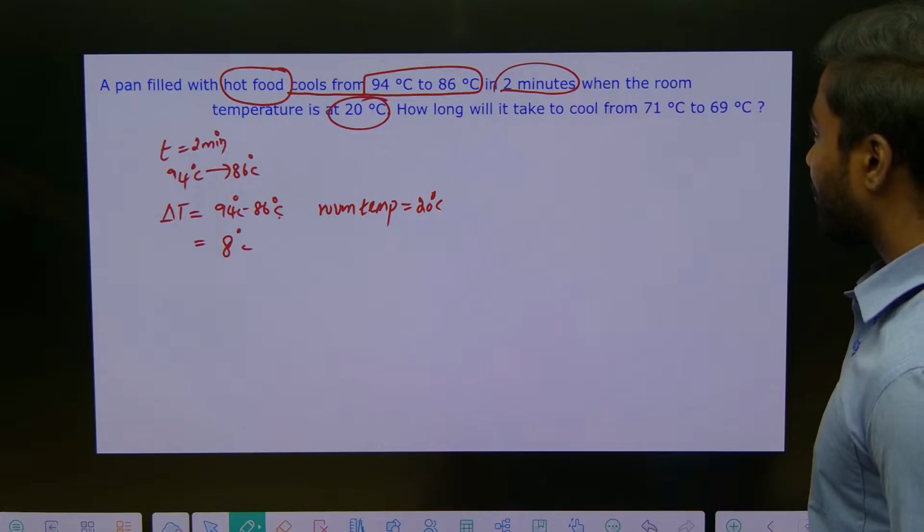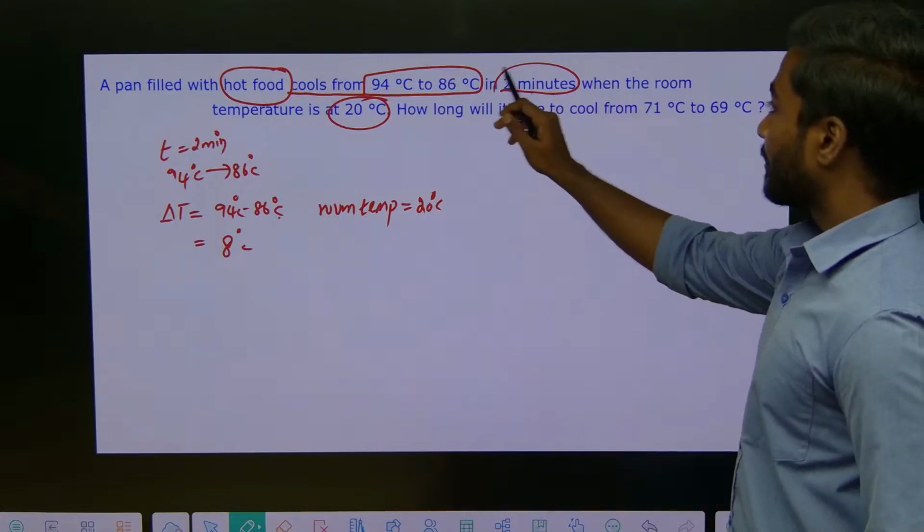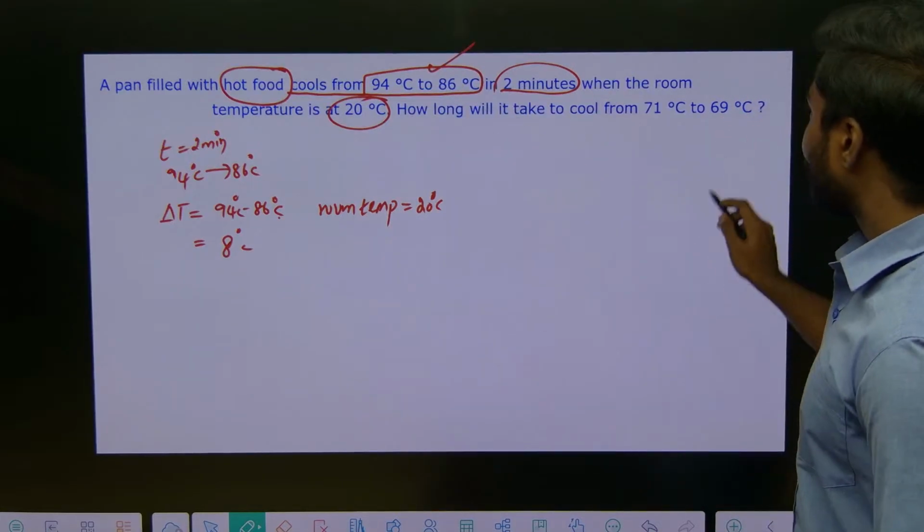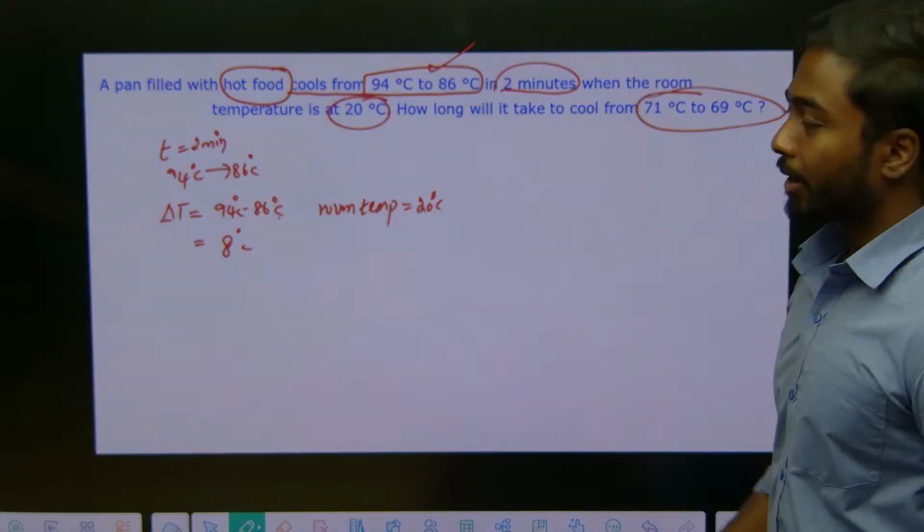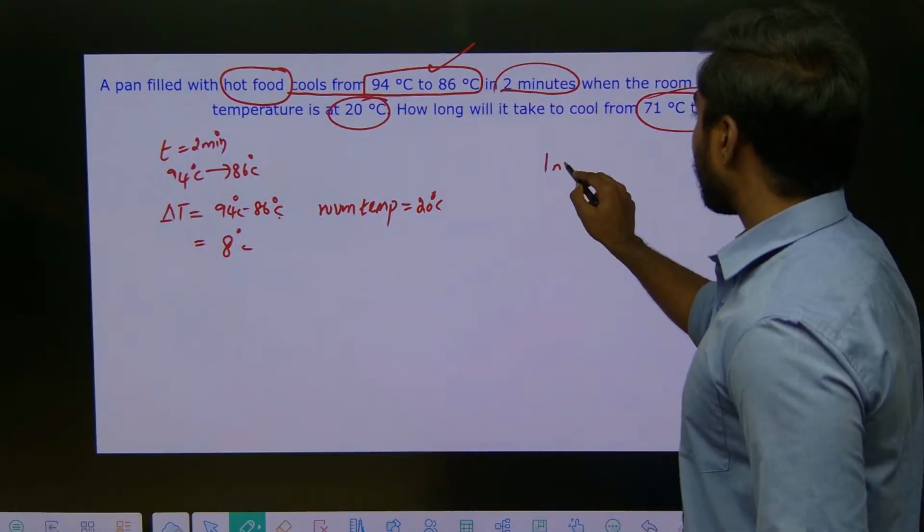Fine. They have given the time for the first temperature range, and I need to find the time for this one. So the time starts now. You have 1 minute.